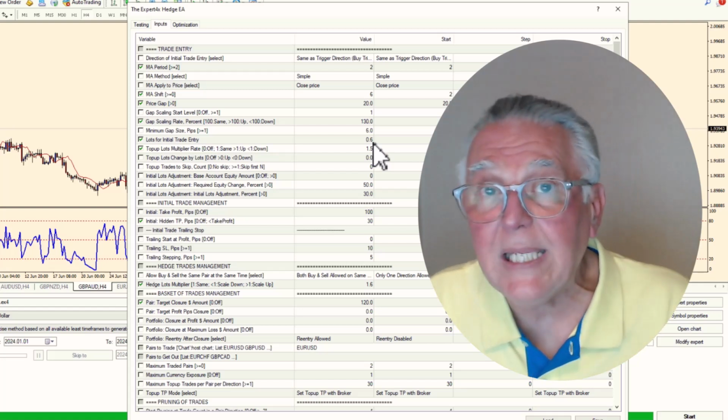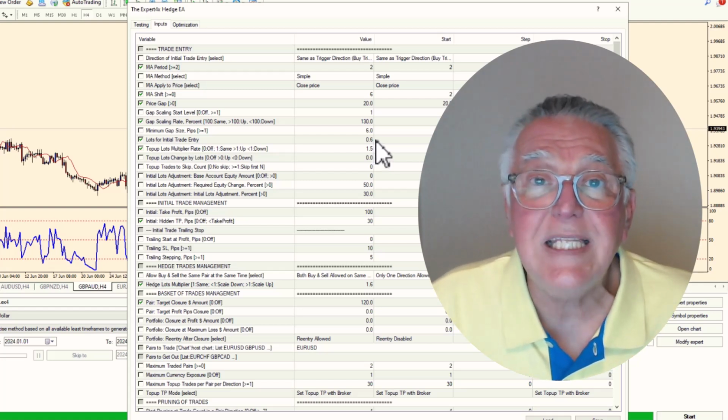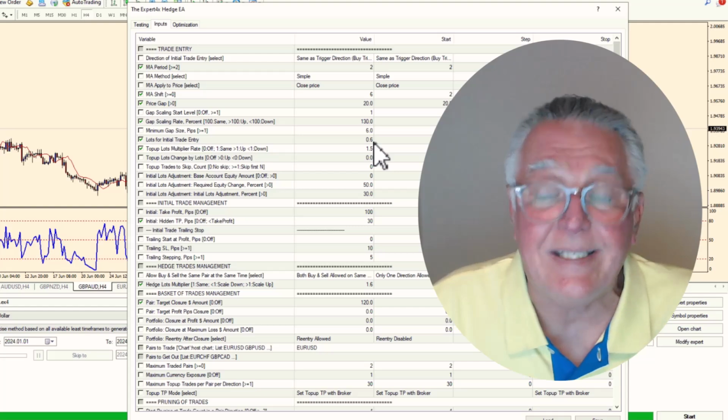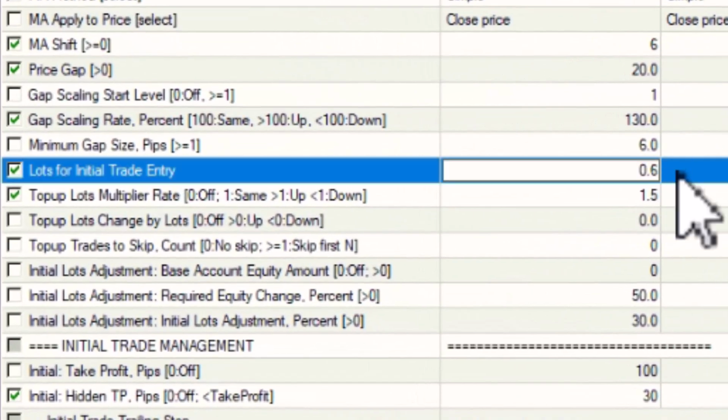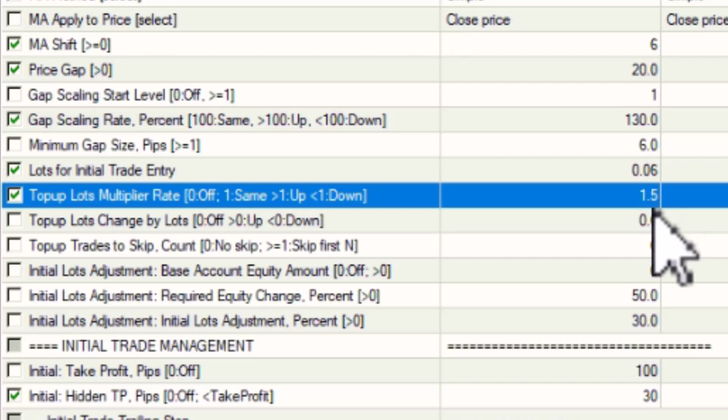So just to make it easy, I'm going to reduce the lot sizing to 1/10. So in other words, instead of trading 0.6, I'm going to trade 0.06. So it's going to reduce income by 90%. It's going to reduce it to 10% of the previous income. So that's more or less what we're expecting.